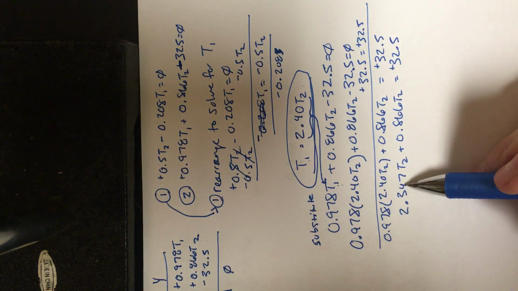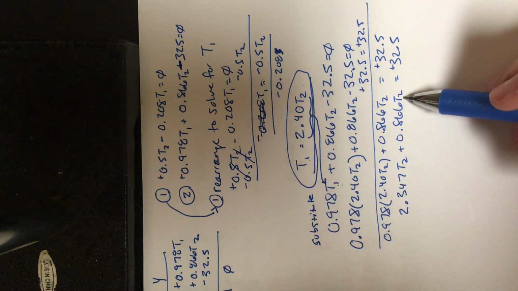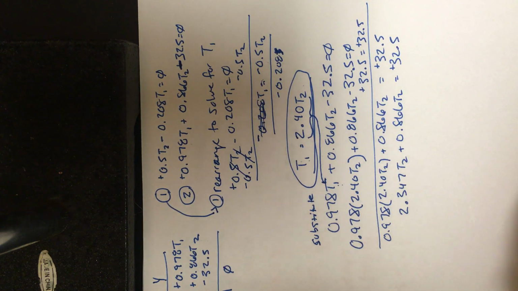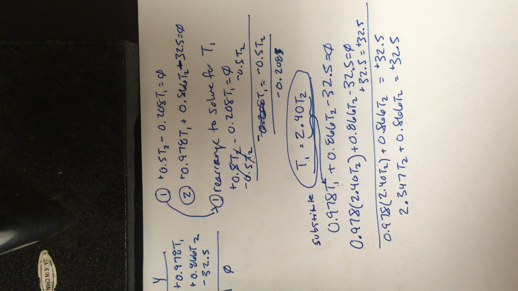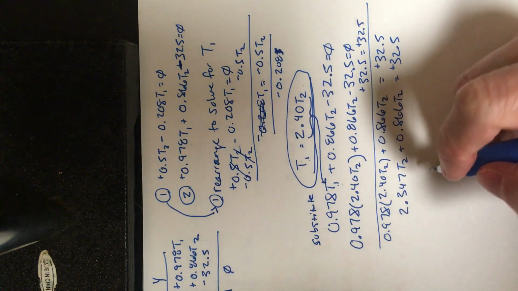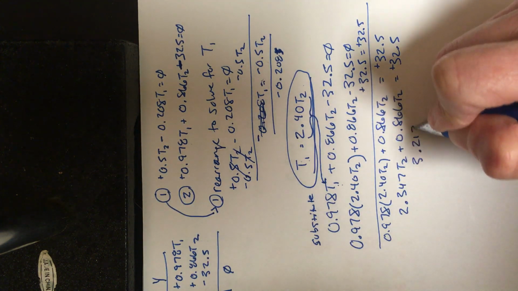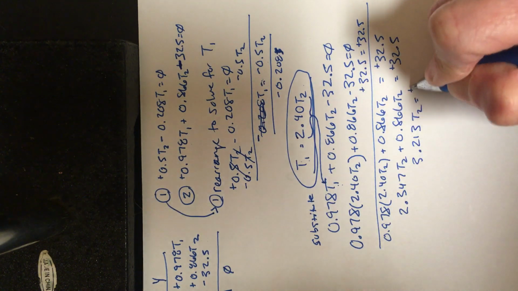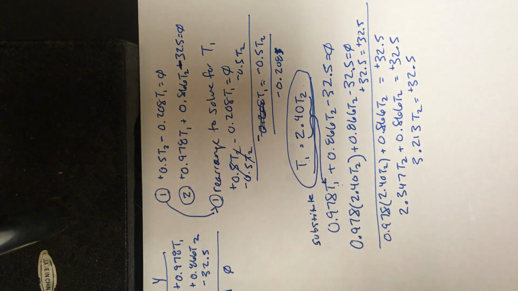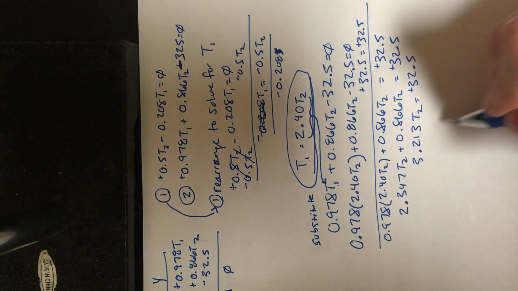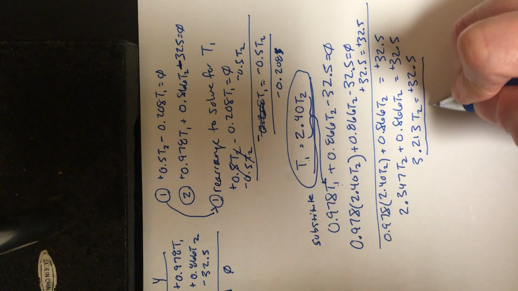And then I can see clearly that these are the same variable, so now I can add those together. And then from there, I can just divide so that T2 will be isolated.